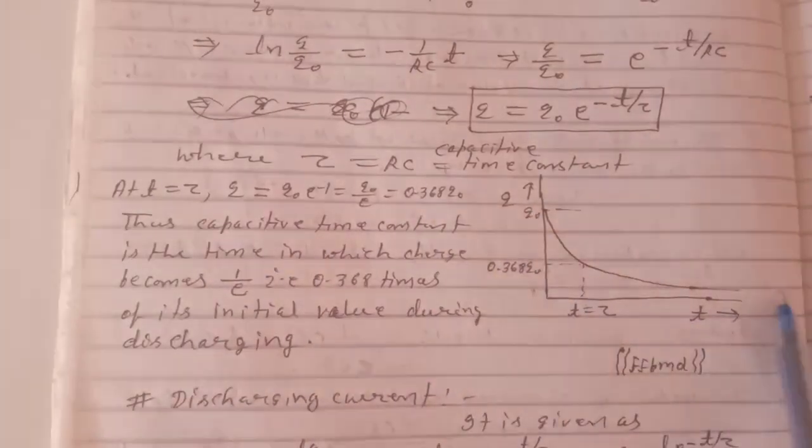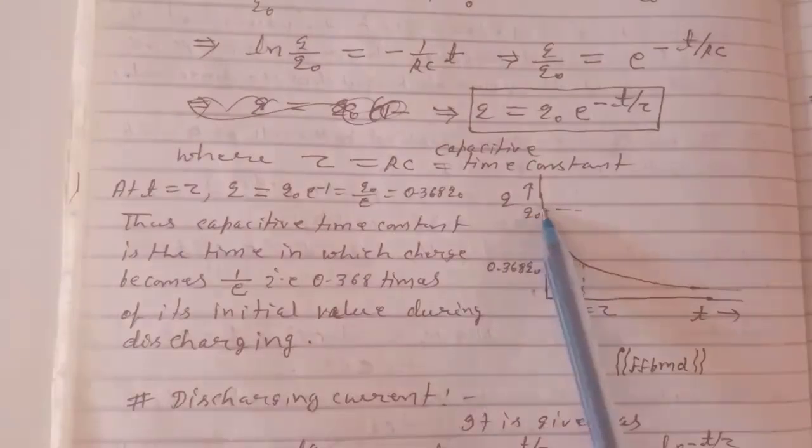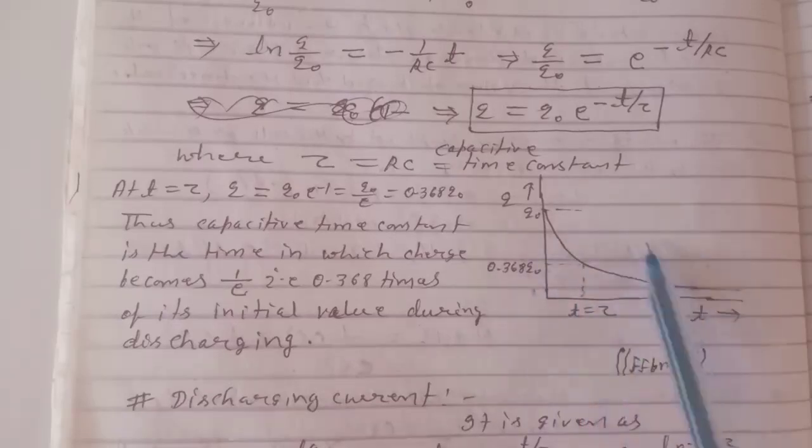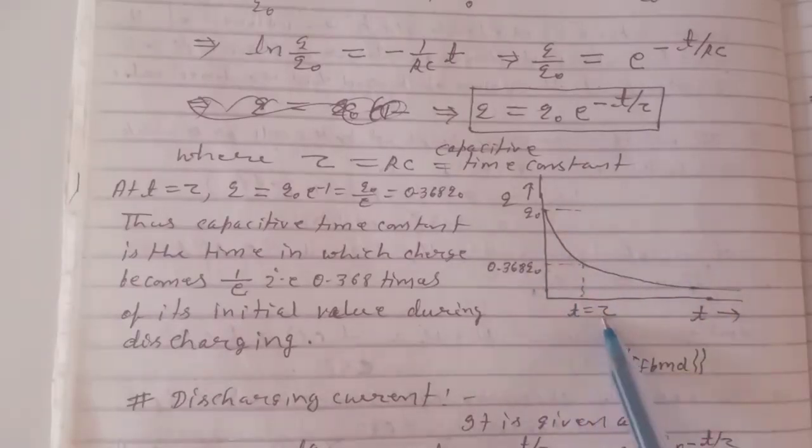Here it is shown in the figure. Initially there is a maximum charge on the capacitor, and now due to discharging, charge is decreasing on the capacitor, and a time is reached when t equals the capacitive time constant, where the value remains 0.368 of q naught.